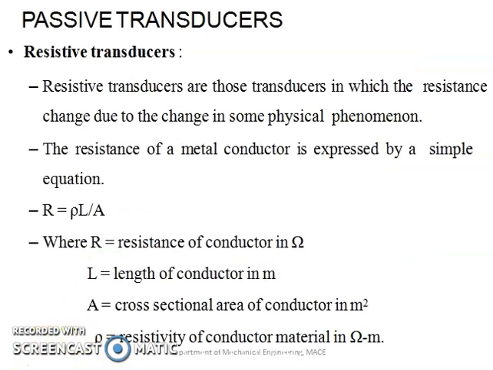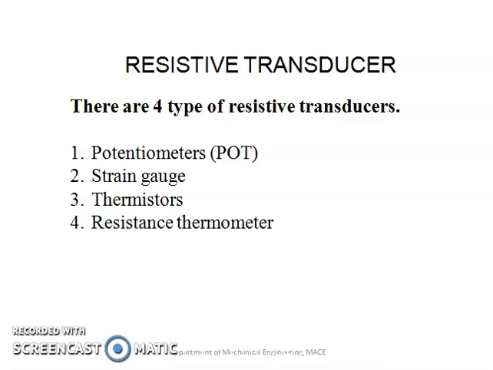Now let us see some passive transducers. One such is the resistive transducer. Normally resistive transducers are those where the change in the physical phenomenon that is to be measured is converted into change in resistance, and that is measured. There are 4 types of resistive transducers.